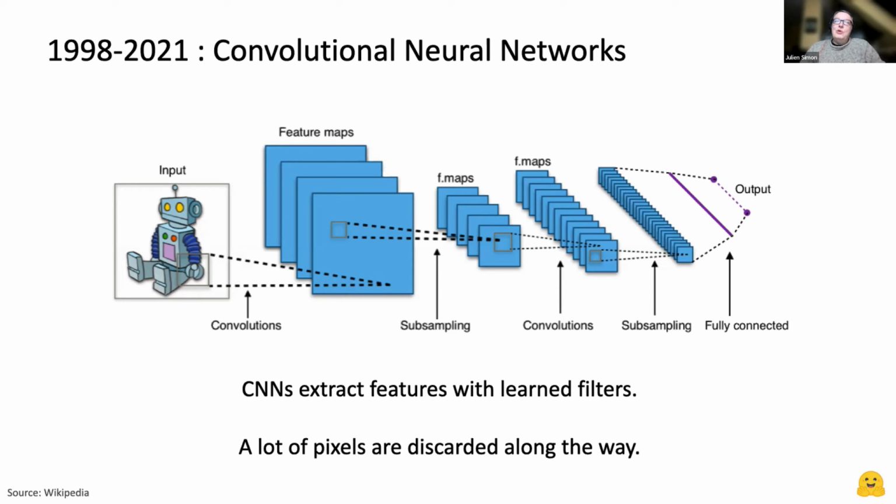And as we do this, we throw, or I should say, the model throws a lot of pixels away. We focus on edges and geometric features, etc., etc., and we apply pooling, and along the way, we end up throwing a lot of pixels, and hopefully we keep the important ones.